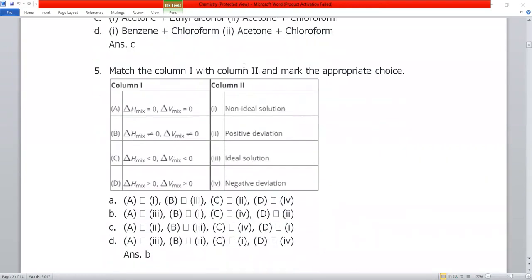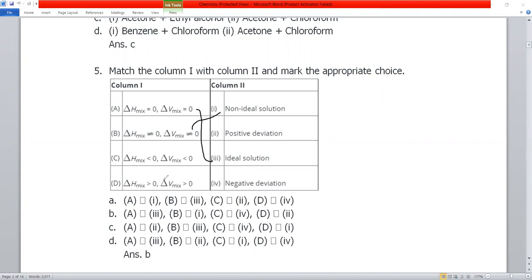Question number 5, again they have given match the following. In the match the following, it is the same, ideal solutions and non-ideal solutions. In ideal solutions, delta H mix is 0 and delta V mix is also 0. This is for ideal solution. Delta H mix is not equal to 0 and delta V mix is not equal to 0, this is non-ideal solution.